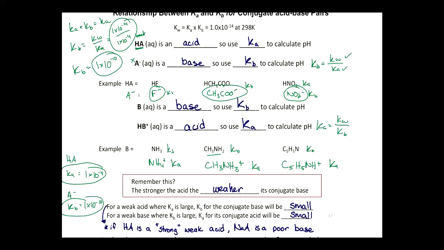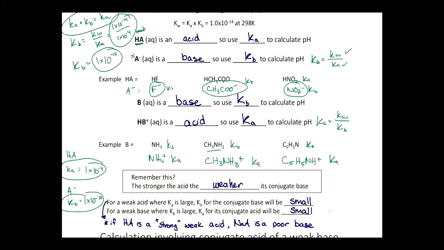The larger the Ka value, the smaller the Kb value for its conjugate base. Or a crappy acid has what kind of Ka value, big or small? Small. So if you have a really crappy acid, what is the behavior of its conjugate base? It's really strong. And what kind of Kb value will you find? A really big one, yes. And it's all based upon math and this idea that Ka and Kb are related to Kw.